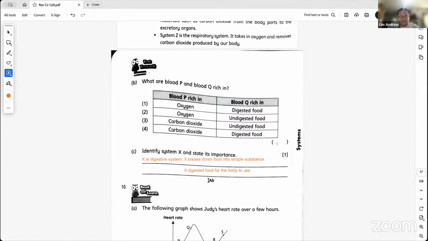That's it. It's only 1 mark. Don't have to write so many stories. Just a 1 mark question, simple. X is the digestive system. Either you write it breaks down food into simple substance, or it digests food for the body to use. That's it.